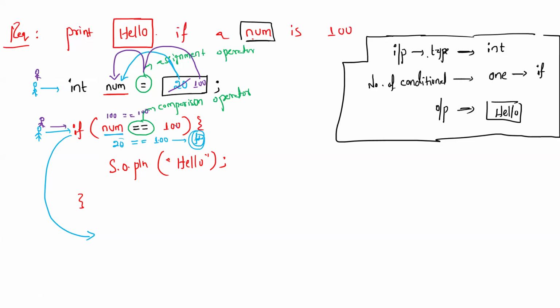The result is true this time. Therefore, the JVM enters the body and executes this line of code, and we get the output hello in our console, which is our requirement. So this is the execution flow for this program.